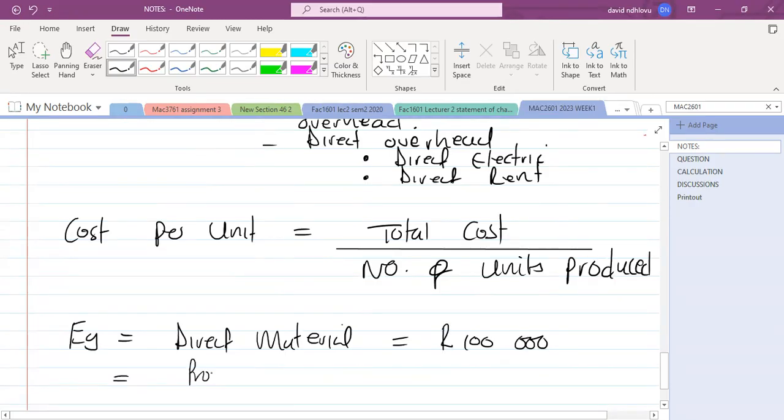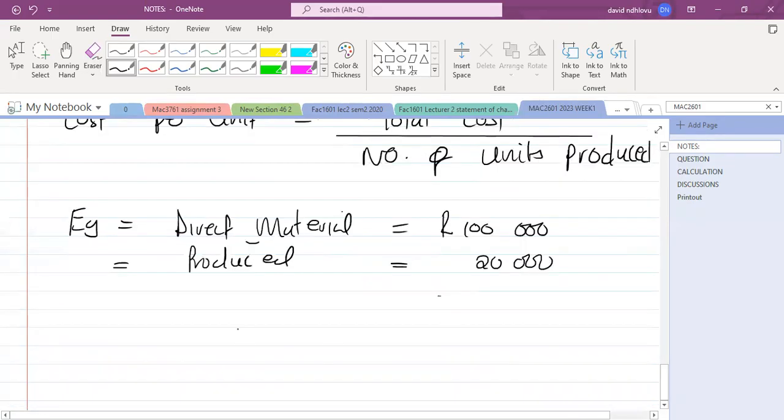Then in total, I produced, let's say, 20,000 chairs. So when I want to know how much direct material went into the production of chairs, I want direct material this time per chair.